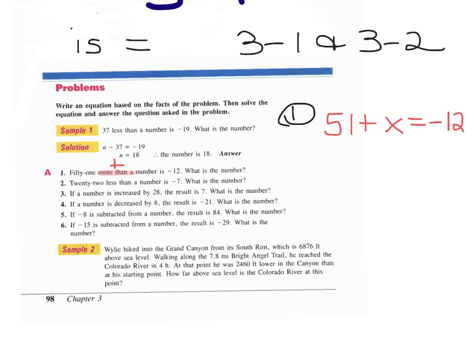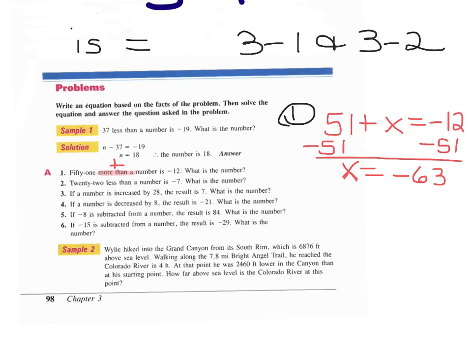So to solve this, we would subtract the 51. Notice my signs are the same, so I'm going to add -12, combine these together, and I get -63. Again, you can always plug it back in to see if it makes sense.